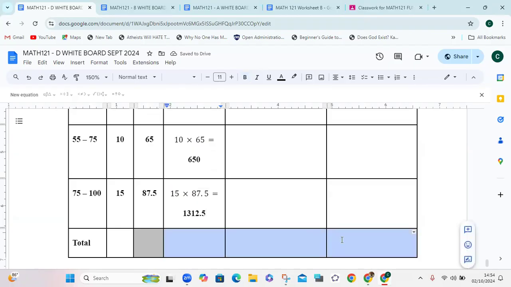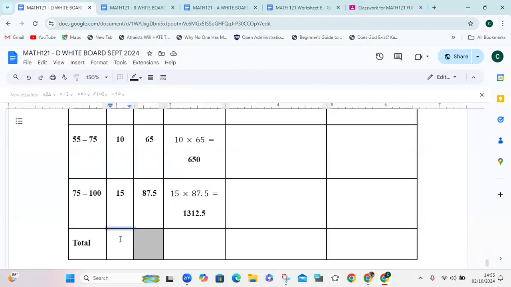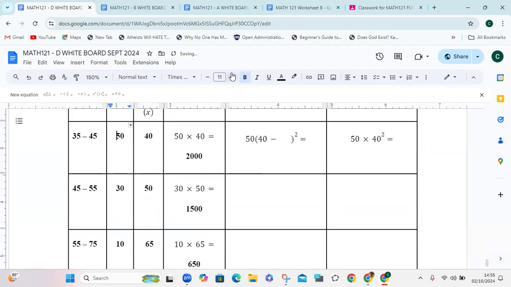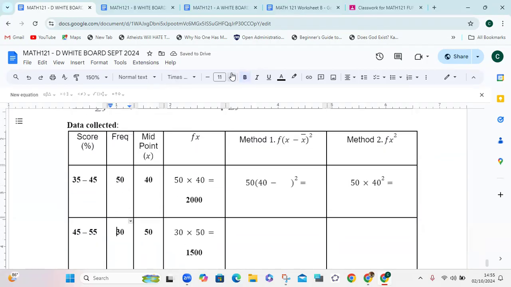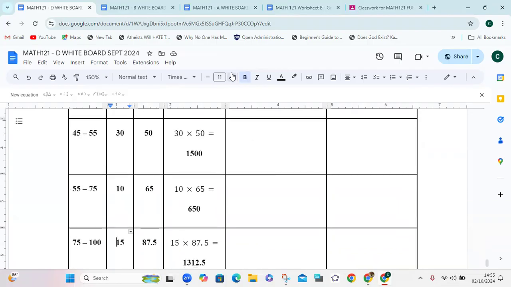Now we can add them up so that we can obtain the sum of the fx. So we've got to add 2,000 plus 1,500 plus 650 plus 1,312.5.